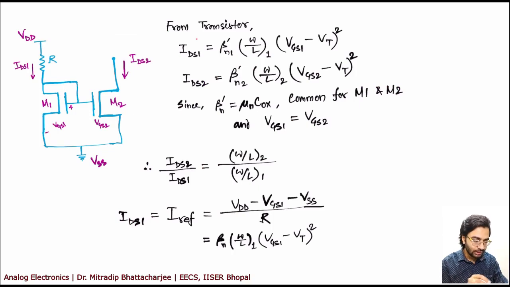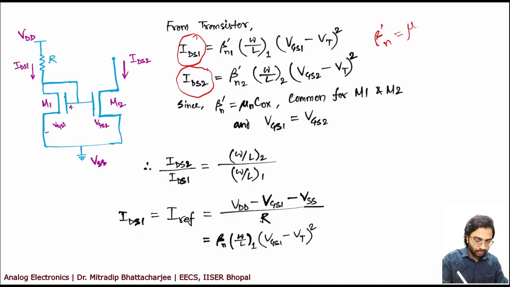Now if you see from the transistor, you have IDS1 and IDS2. What will be the values of these? Beta dash n1, beta dash n2. What is beta dash? Beta dash is mu n Cox. I have said previously it is mu n Cox, and also have discussed the same thing previously.